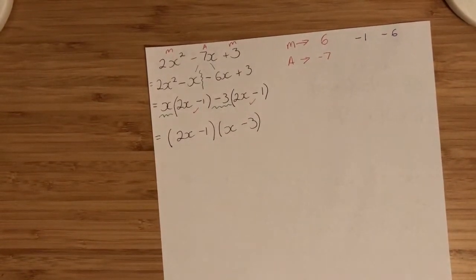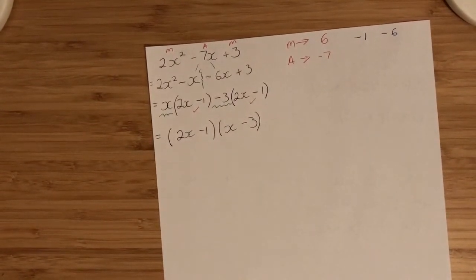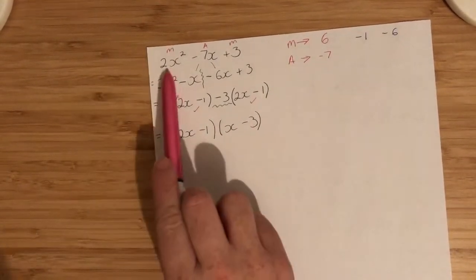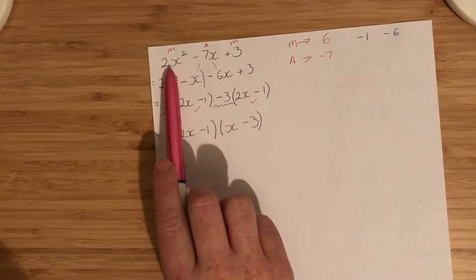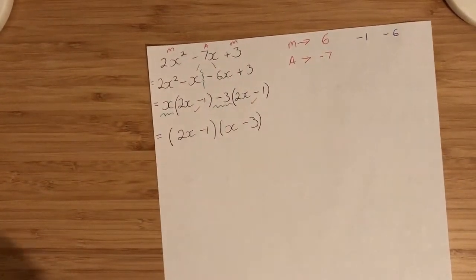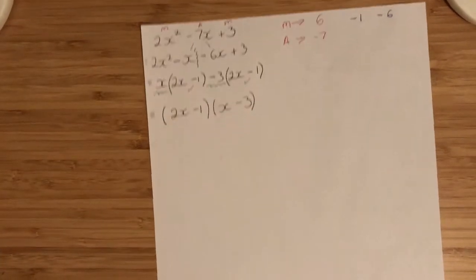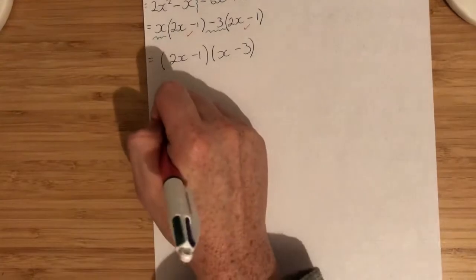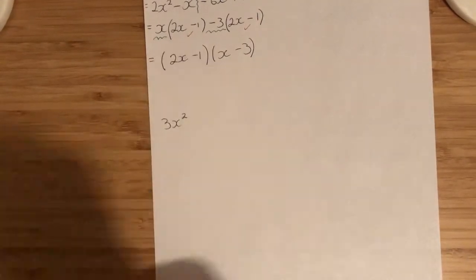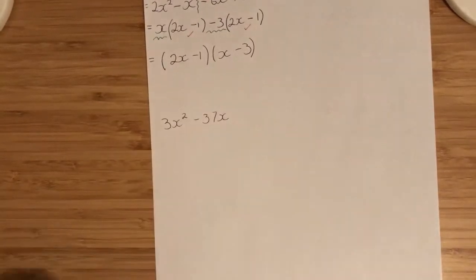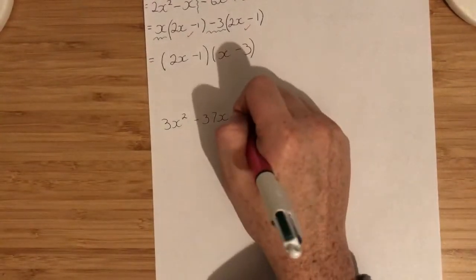So if you were maybe not sure, you're not as confident yet, I would still suggest multiplying out these brackets just to double check that you get back to the original expression. But that is us, so we're going to try another example. So if you can copy down 3x squared minus 37x plus 12.